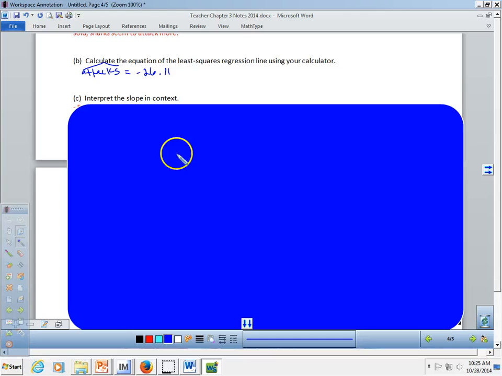We're talking about shark attacks, so it would probably make sense to just round this to whole numbers because you can't have 0.11 shark attacks. But it's whatever you want to do. So we could just make this negative 26 plus, because our slope is positive, 0.08. I can't really round that to a whole number because it doesn't make any sense.